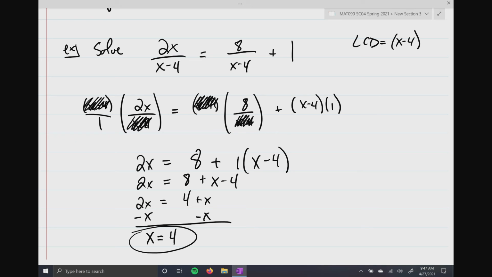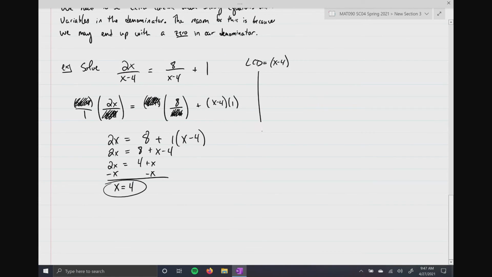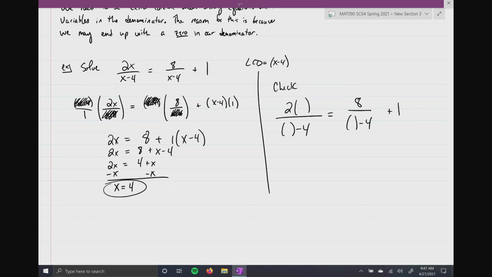Because when you go to check your solution, look what happens. You know me. Wherever I see the variable, I'm going to put parentheses first. Then I'm going to use the answer that I came up with to substitute it in. And look what I get in that denominator.